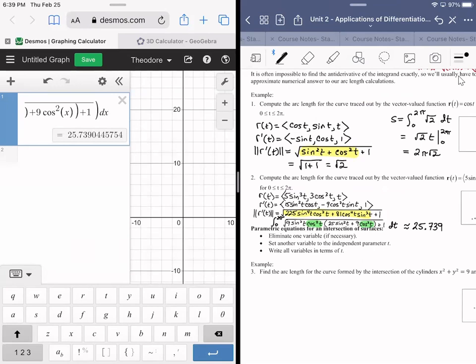Okay. So, that statement that I wrote up there, it's often impossible to find the antiderivative of the integrand exactly. I didn't know really how else to write it. I'll take it as a typo if somebody could think of a nicer way to explain that. What I really want to say is that sometimes it's too much of a pain to try to figure it out in an exact form, so we use technology.